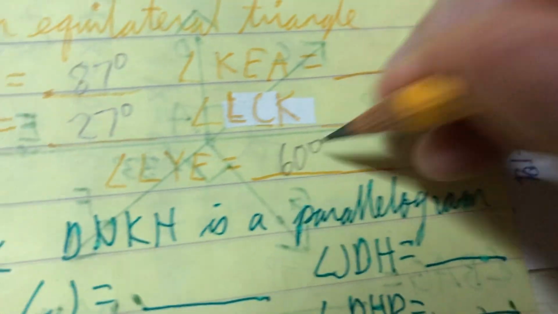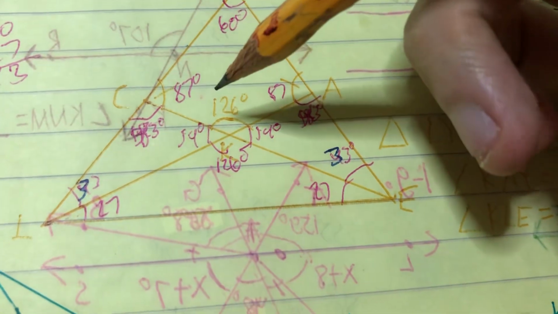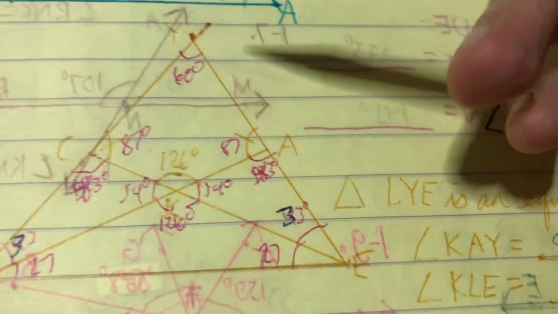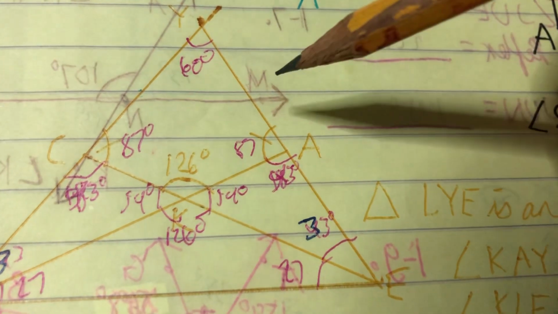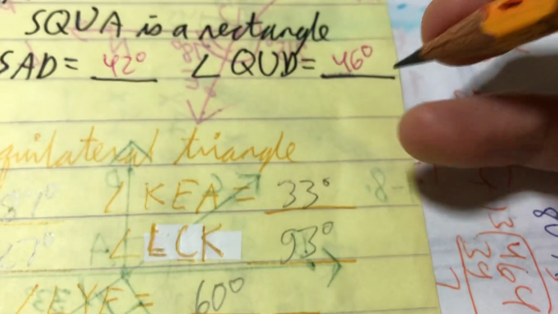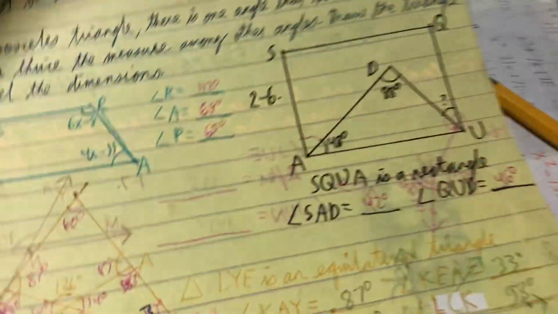LYE, it's 60 degrees. LCK, 93 degrees. And KEA, 33. That's it for problem number 27 for 2-7.